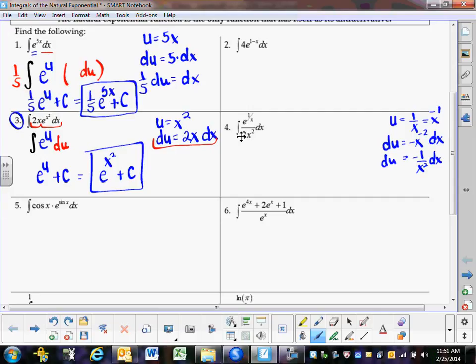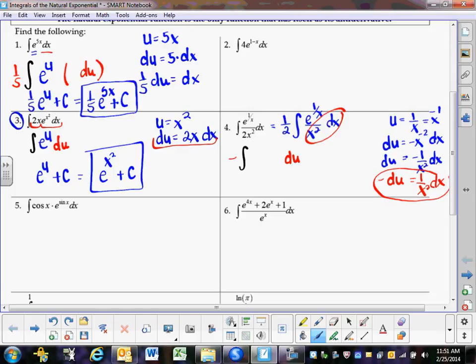If I compare to the fraction that I already have, I'm going to pull out the 1/2. I have e to the 1 over x, times 1 over x squared dx. So except for the minus sign, I have a version of du. So 1 over x squared dx is going to be negative du.